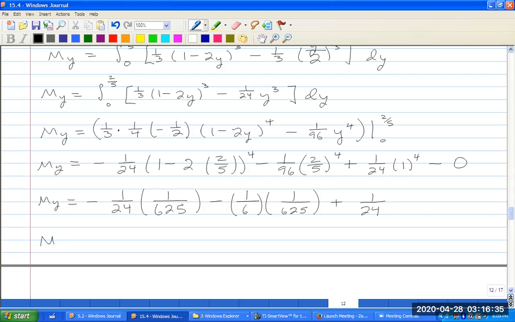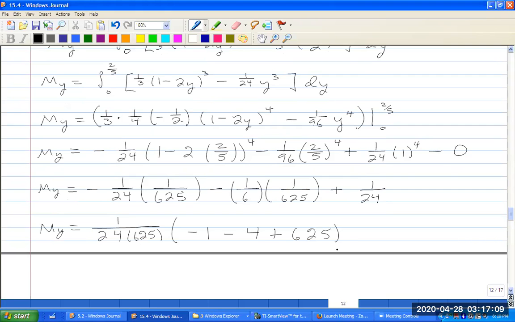Let me factor out 1 over 24 times 625. And so this is equal to negative 1 minus 4 times 6, 24. 625 times 24 is 625 times 24.